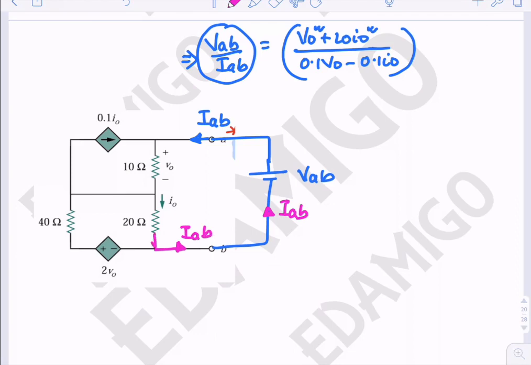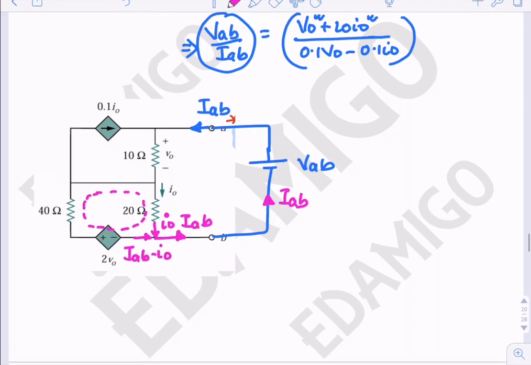Since the incoming current here is I0, the incoming current here will be IAB minus I0. Now let us apply KVL in this loop, because we need one more equation to find the relationship between V0 and I0.